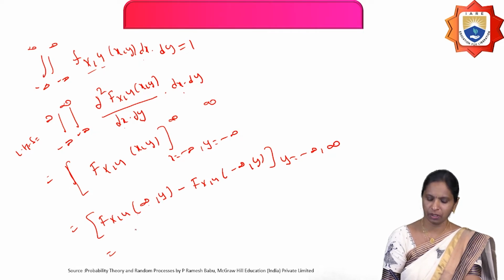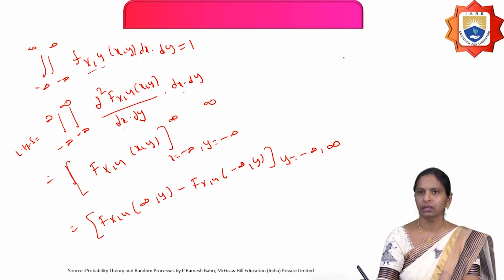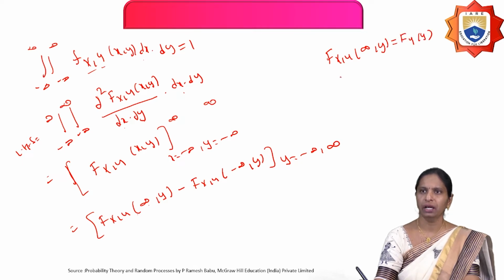Now, what is fxy of infinity comma y? We have seen in the previous lecture the properties of the joint distribution function. From those properties, you can say that by keeping any one of the variables at infinity, you are going to get the marginal distribution functions. For example, if you keep x as infinity and y as it is, then you will get the marginal distribution function of the random variable y.